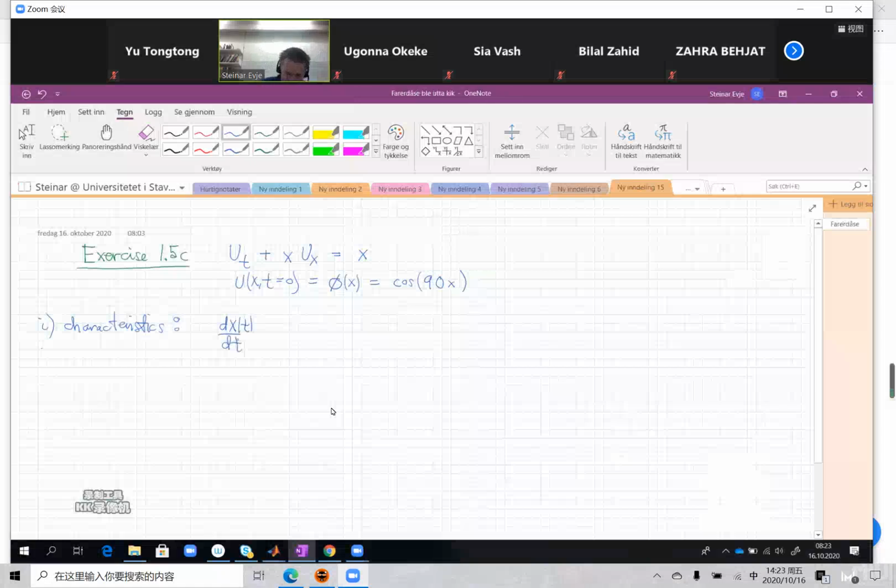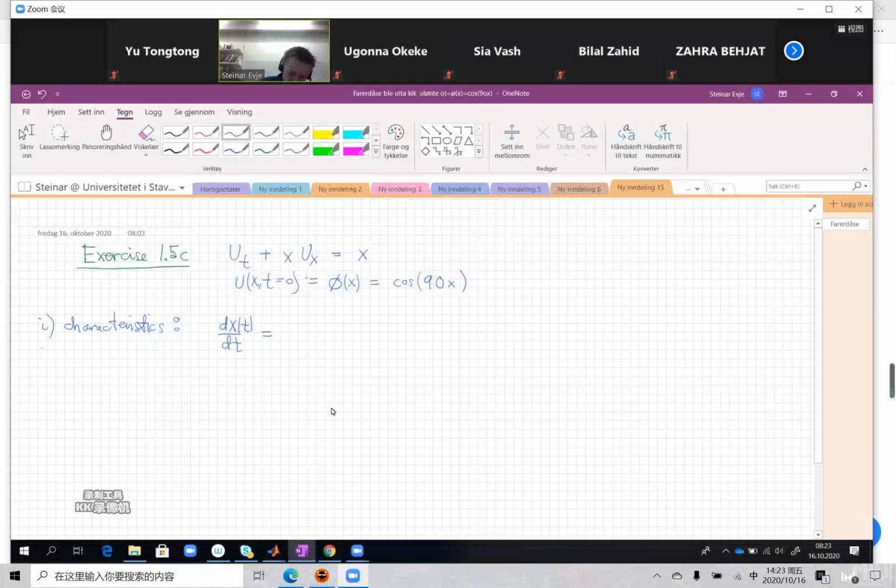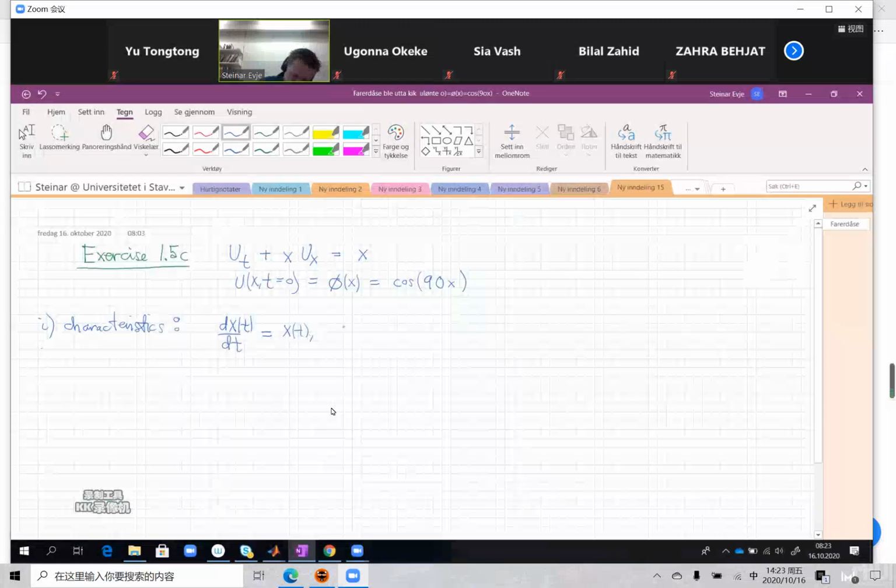Well, we know it should be dx/dt equal to, and then we look at the coefficient in front of u_x and observe that it is x(t). Then we must specify the starting point for our characteristic.